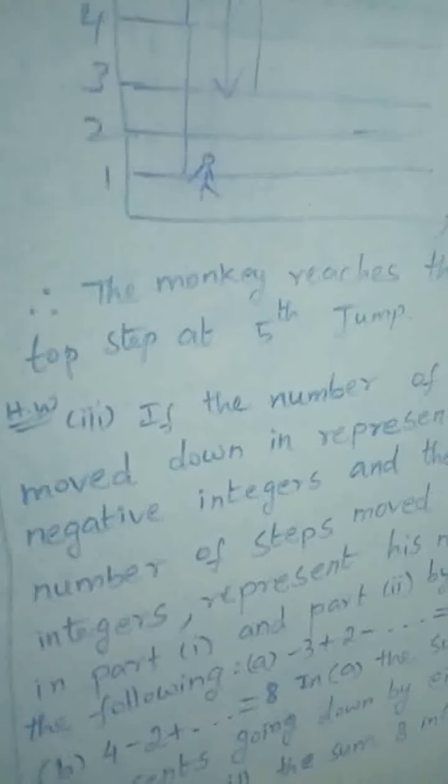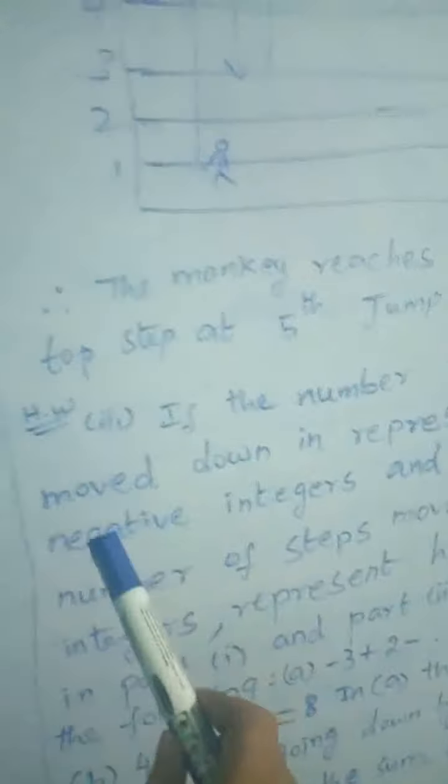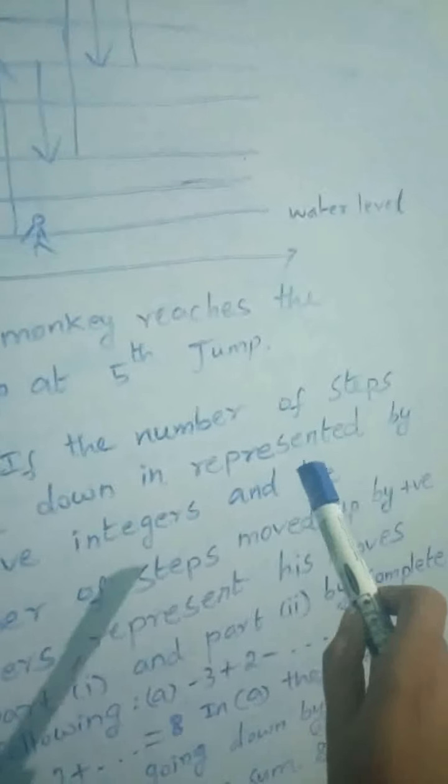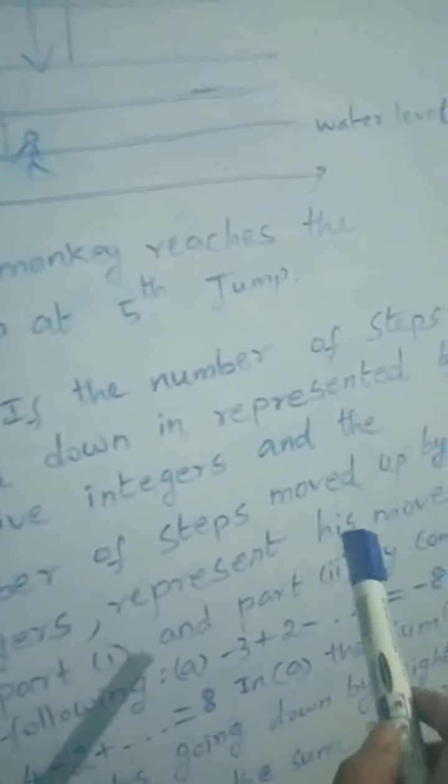Third subdivision is homework children. If the number of steps moved down is represented by negative integers and the number of steps moved up by positive integers. So moving down is represented by here negative integer and moving up is represented by positive integer.